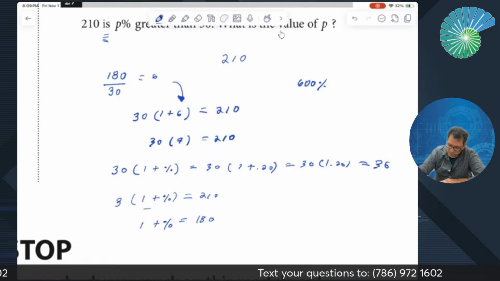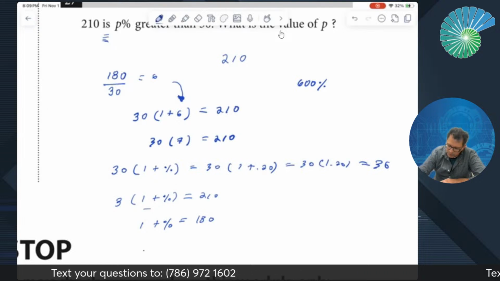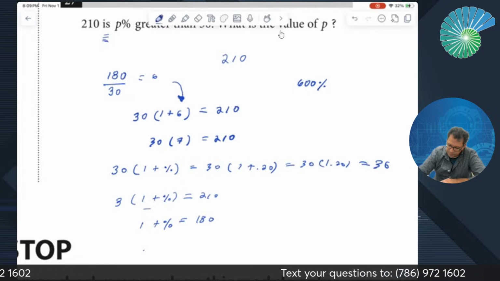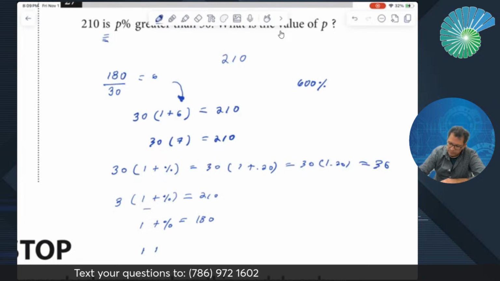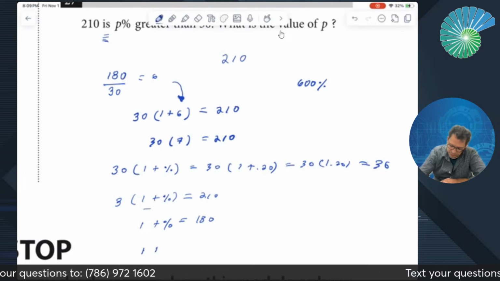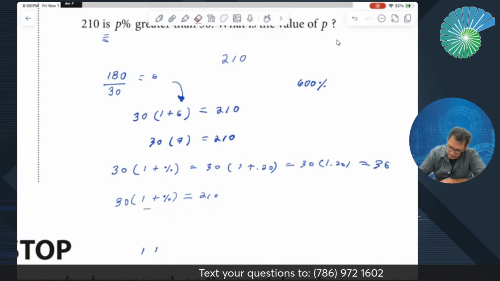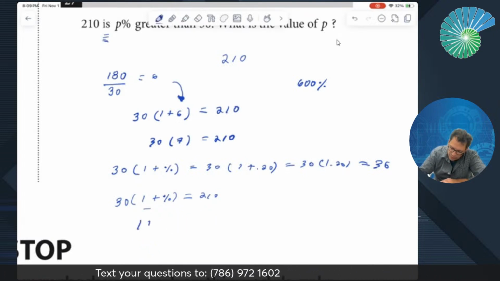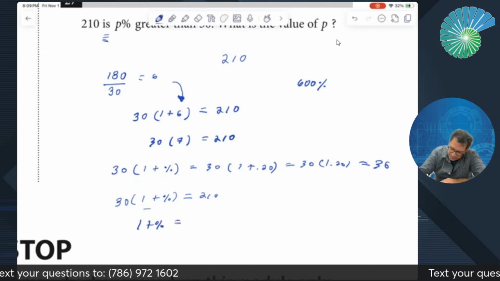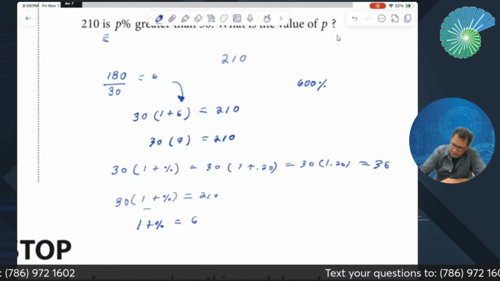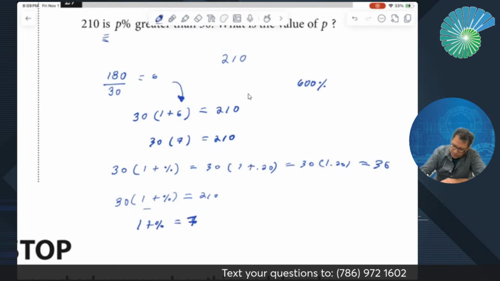Sorry, I made a mistake here. It's 1 plus the percent is 7, because you divide 210 by 30.